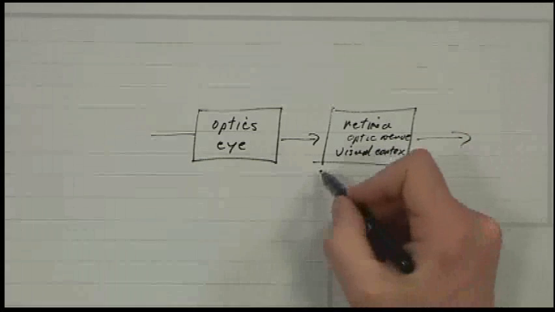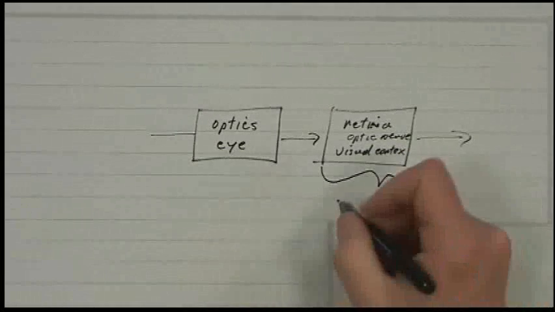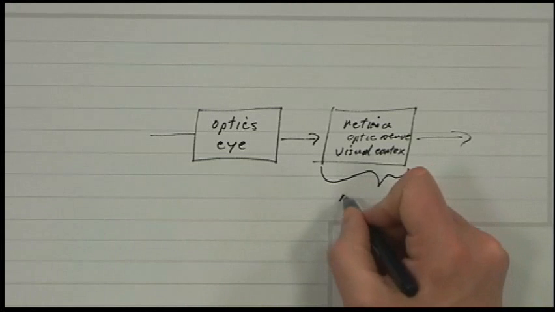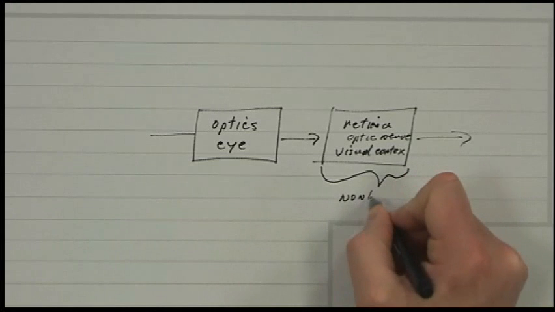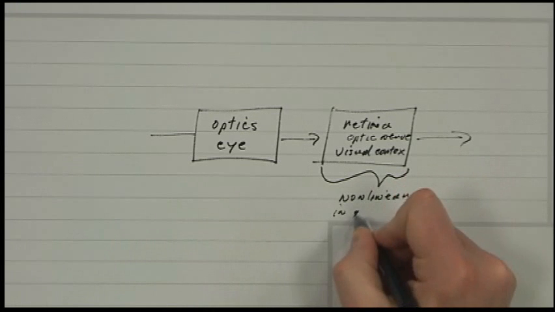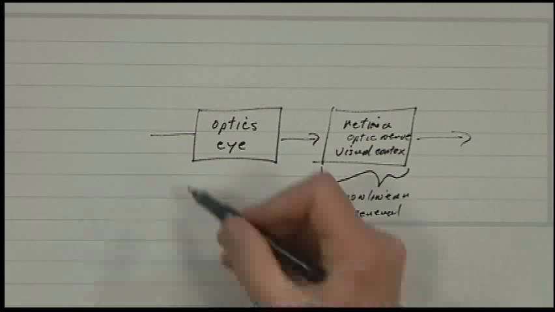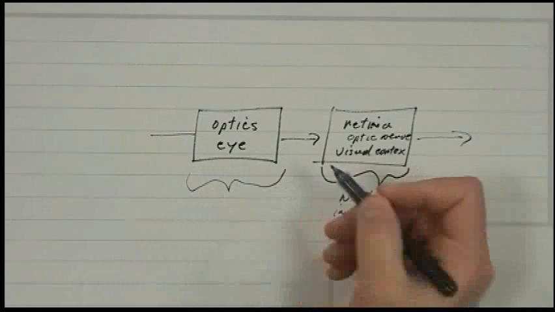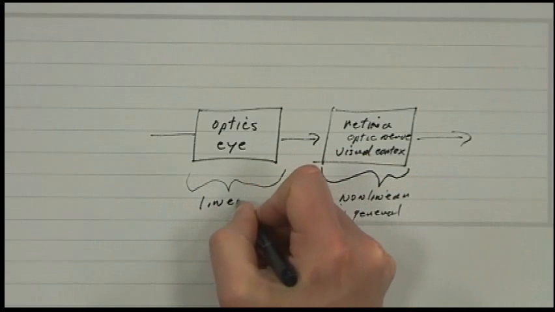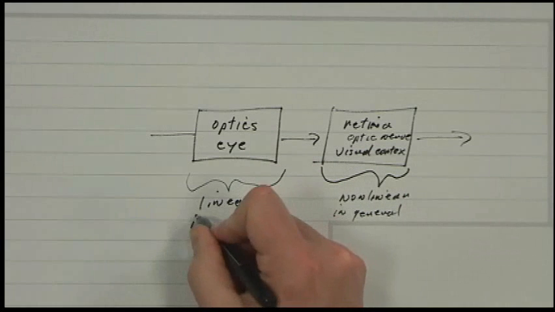So this is all the neural processing, and this is nonlinear in general. I put "in general" because it doesn't have to be nonlinear, it just can be nonlinear. But this part here, the optics, is linear, at least to a very high accuracy, because it's optical propagation of light, so I'll put here: linear in energy.